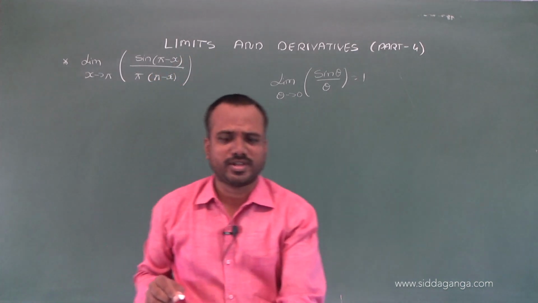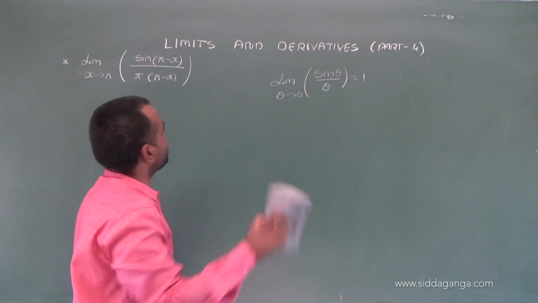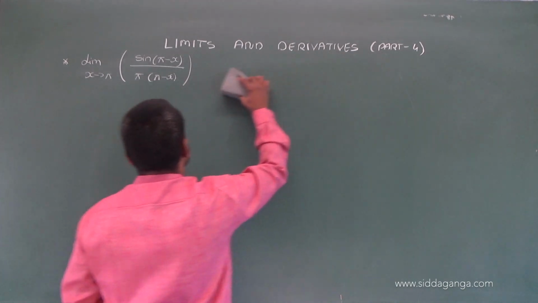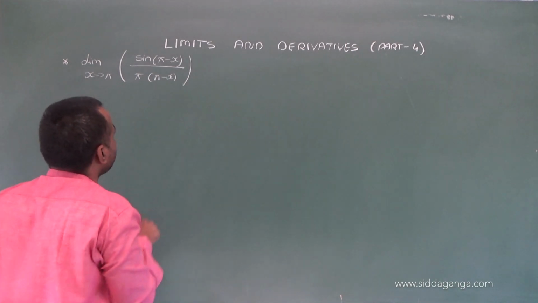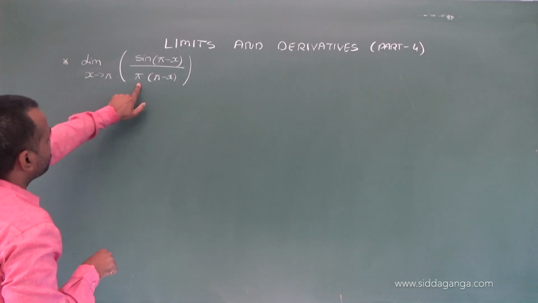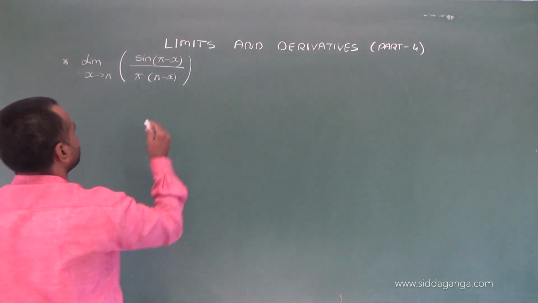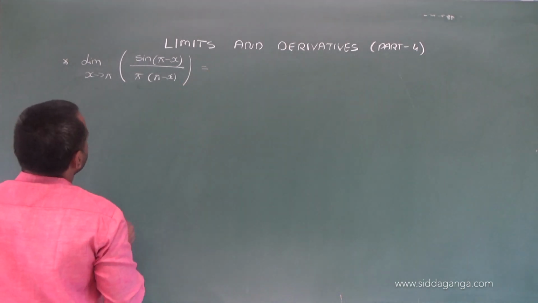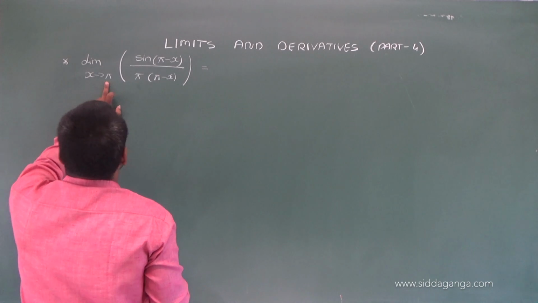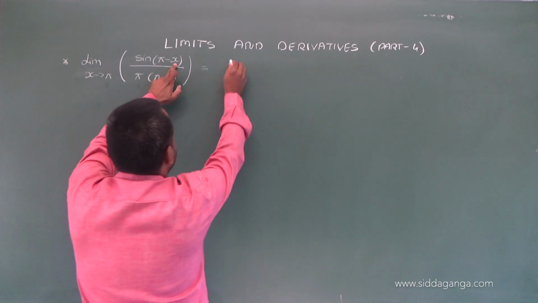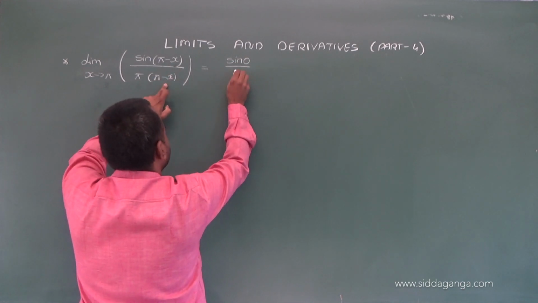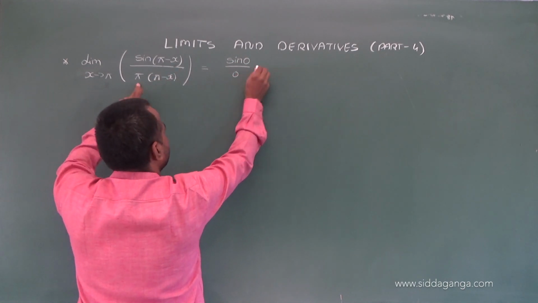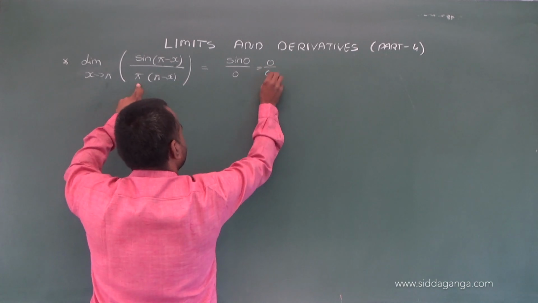So here pi is a constant. We write it outside. Before that, if you want, we substitute the pi value first. Pi minus pi, sin 0, correct? Sin 0 divided by pi into pi minus pi, that is pi into 0, which is 0.